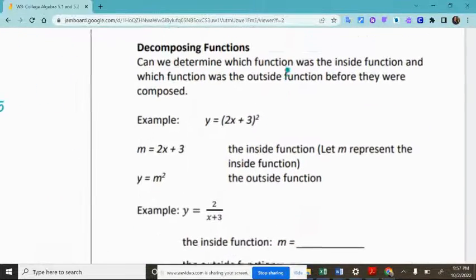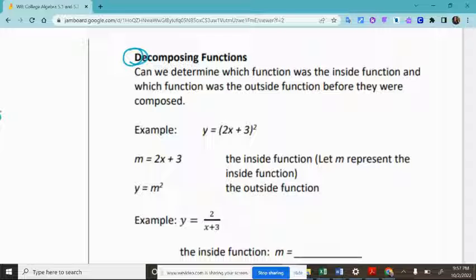Now, decomposing means go backwards. We're going to start with some stuff that's stuck together and inside each other, and we're going to try and, like, peel off layers of an onion. Almost like, if you've got a Tootsie Roll pop and you're trying to get the Tootsie Roll out of the lollipop.